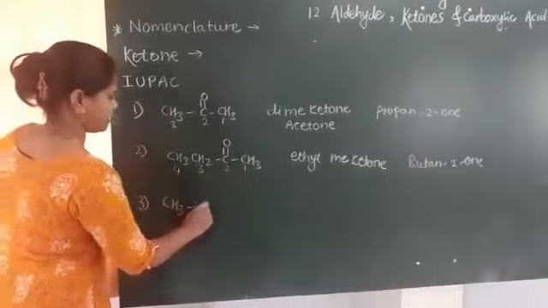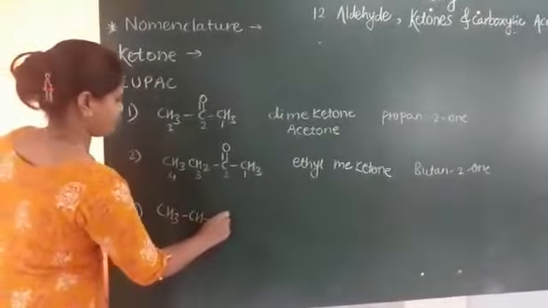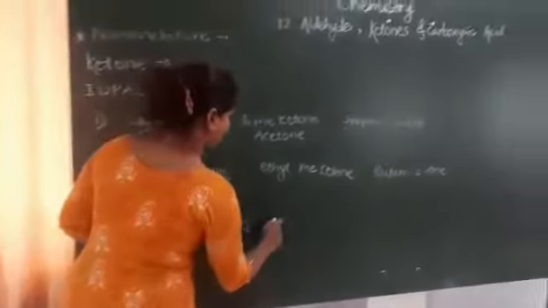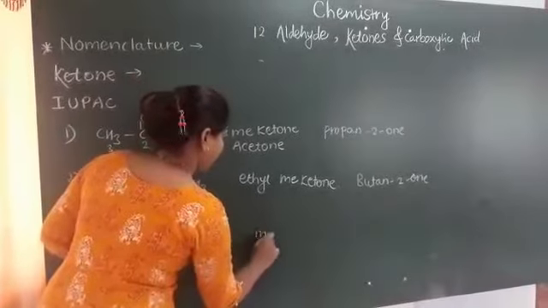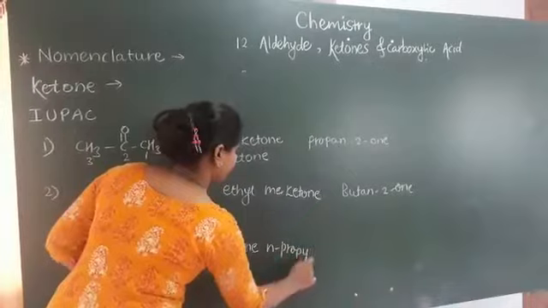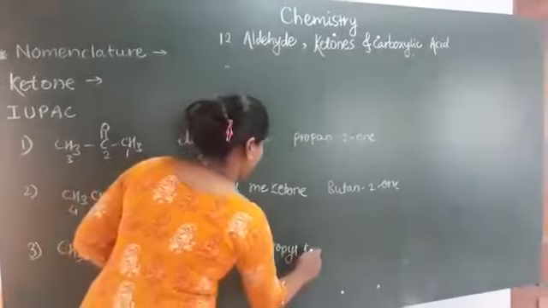Next example, CH3 CH2 CH2 C double bond O CH3, and the common name is methyl N-propyl ketone.